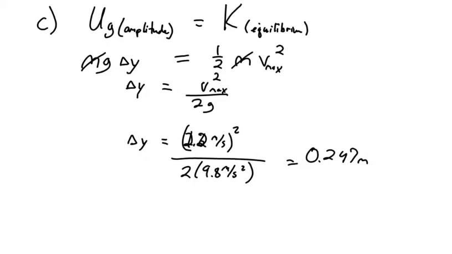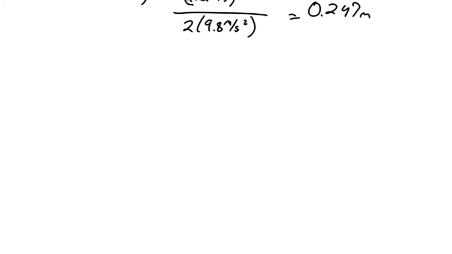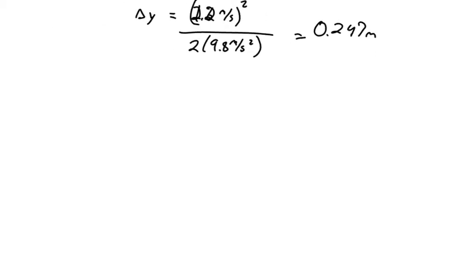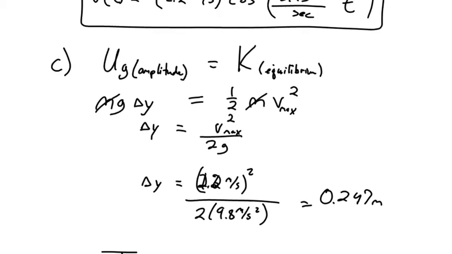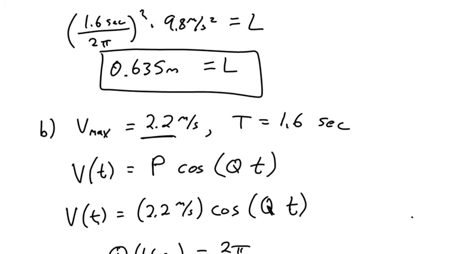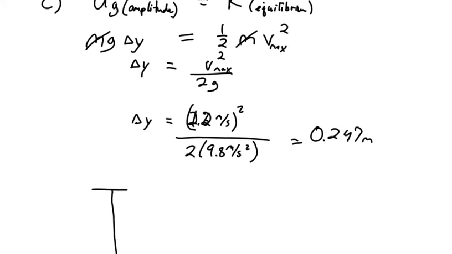Okay, now how does that relate to angle? Well, this one I think we ought to just sketch out. So we have our pendulum, and at one moment it's going to be hanging straight down. And what do we figure out for the length of the pendulum again? 0.635 meters.